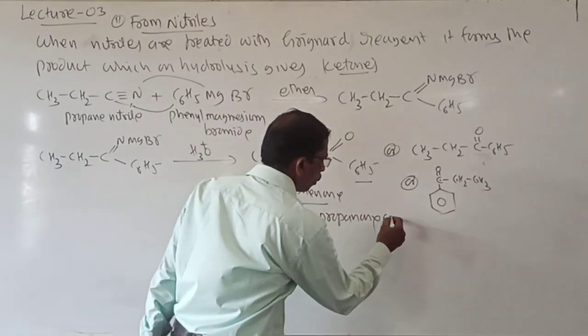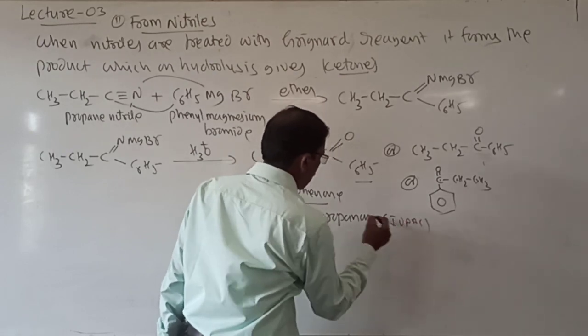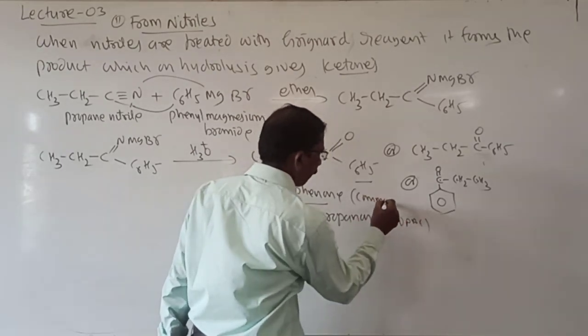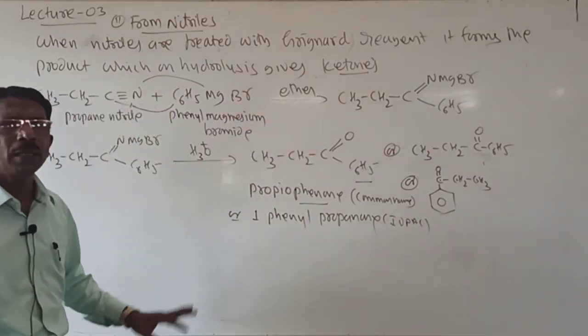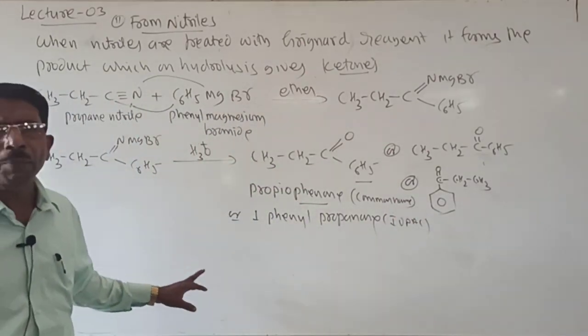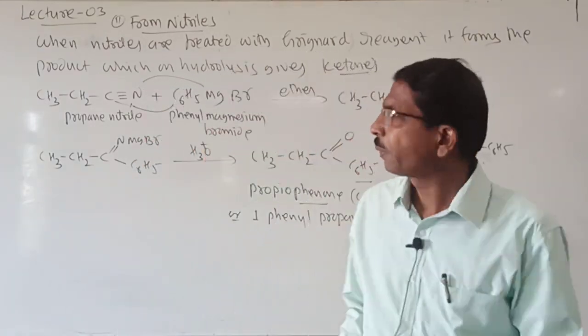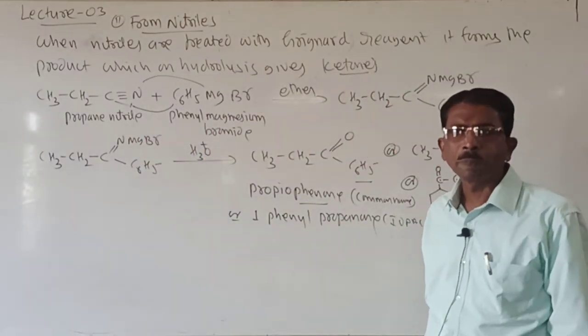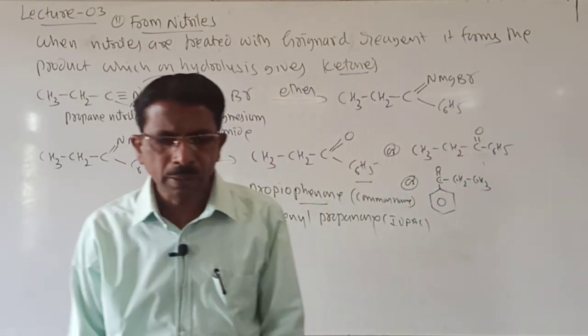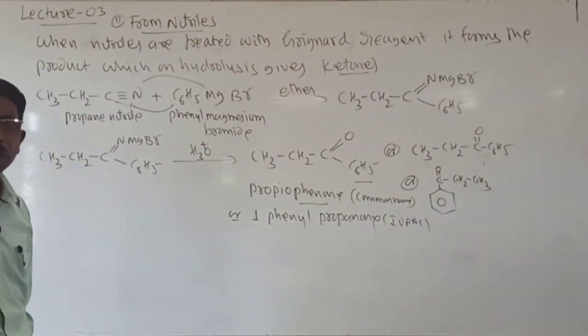So this is the IUPAC name, and this is the common name. Look here students, this is one of the best methods by which ketones are prepared, that is from nitriles, when nitriles are treated with Grignard's reagent.